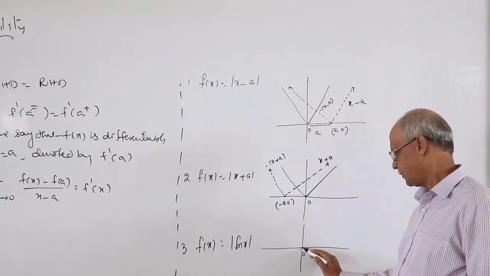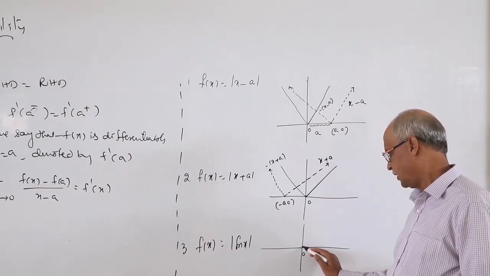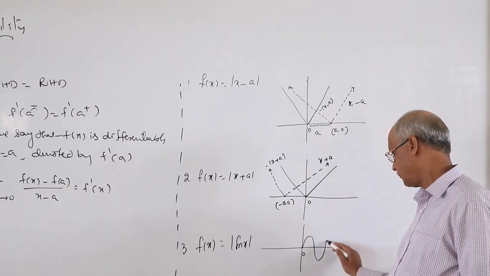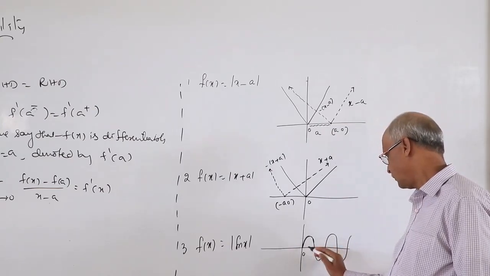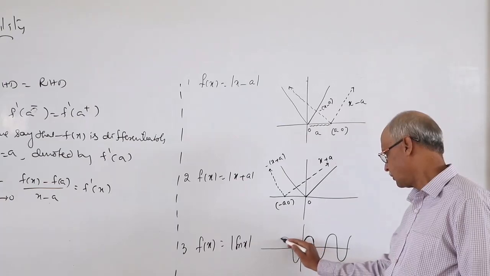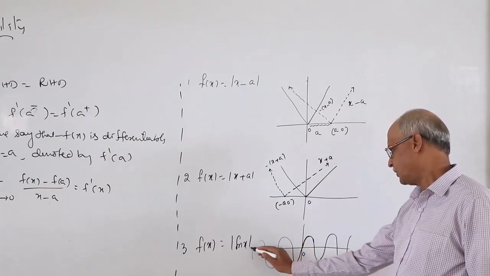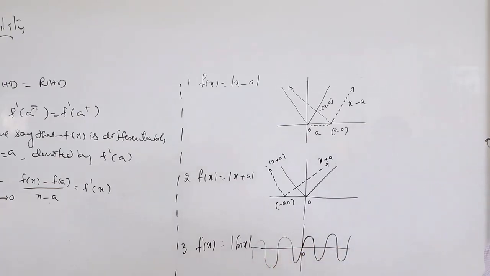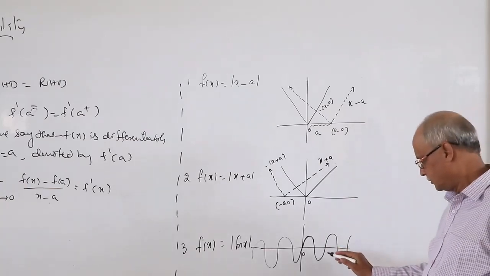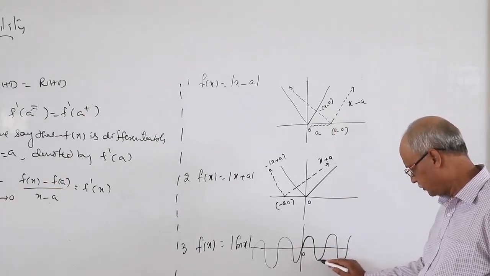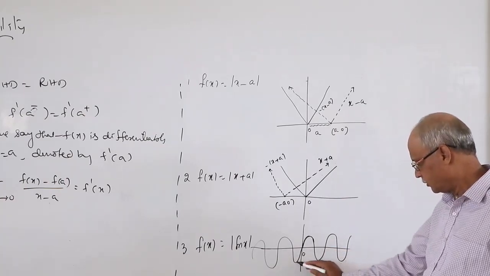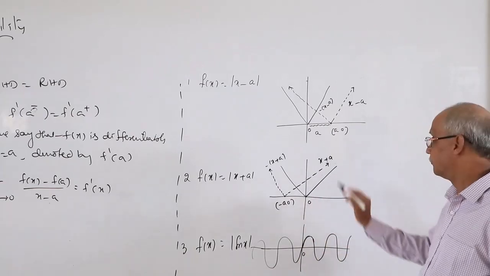First, you draw the sin x graph. Already you know it in trigonometry. Whatever we have below the x-axis, this one, this one, this one, shift up.